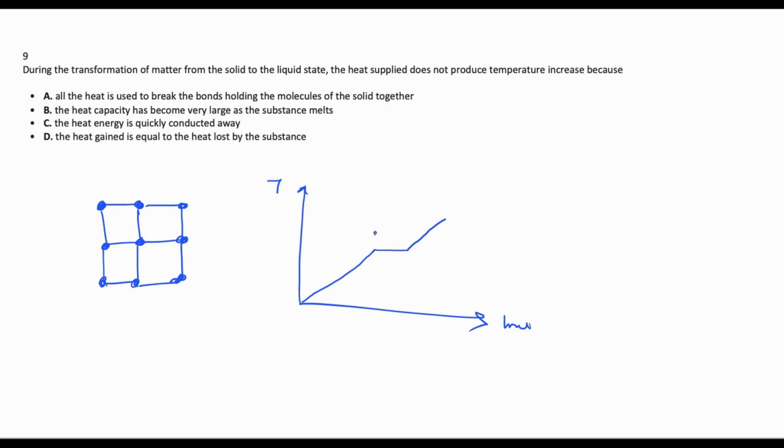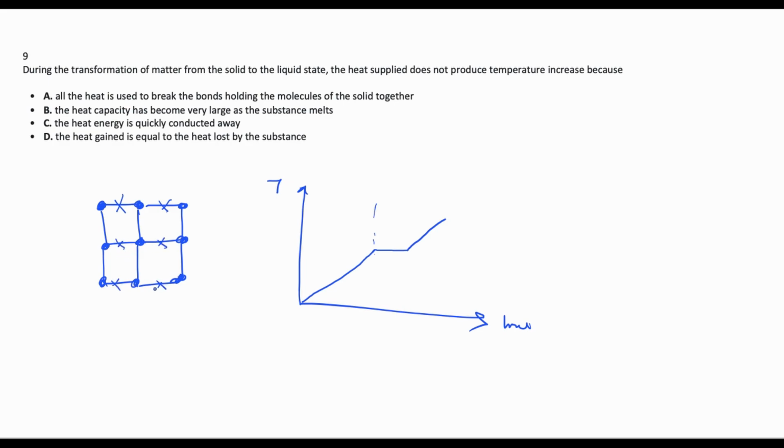Now, at this point where the temperature does not increase, you have a solid material such as this, with well-arranged particles held together by bonds that we have here. So at the point where you keep heating but the temperature does not increase, the heat is actually used to break these bonds holding the particles together.